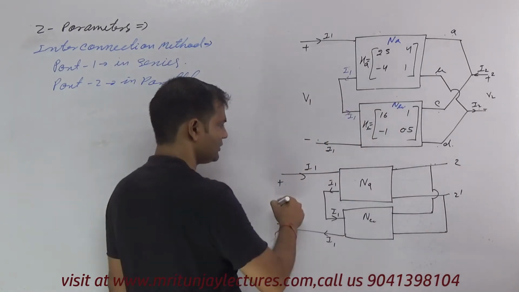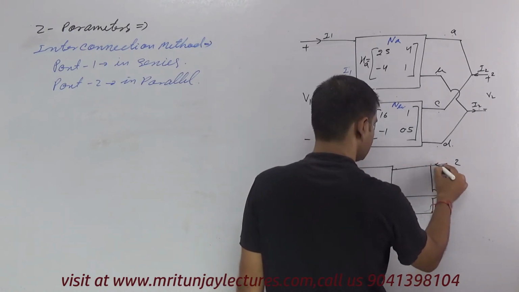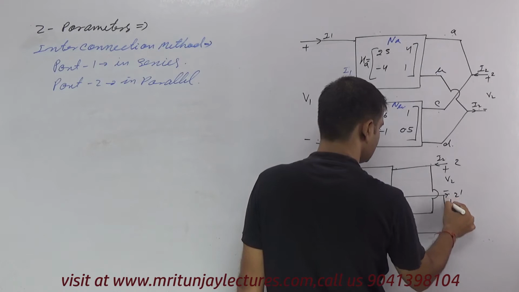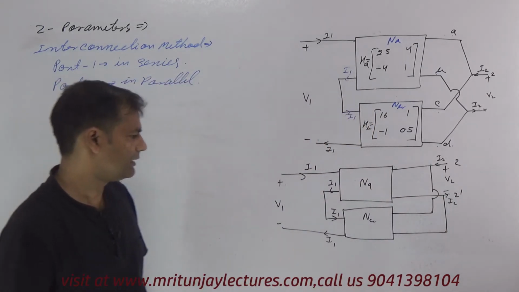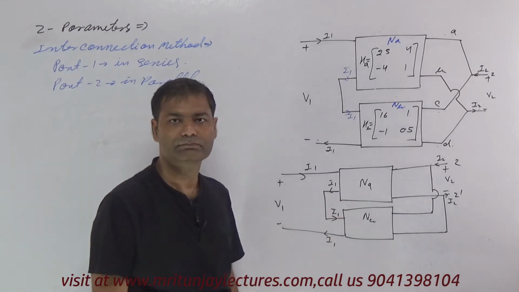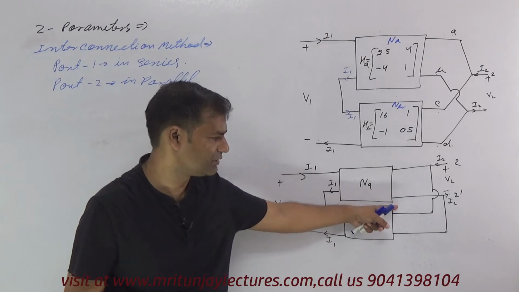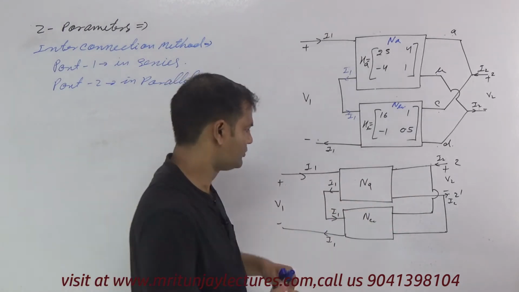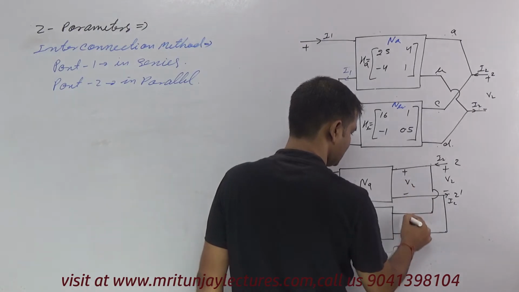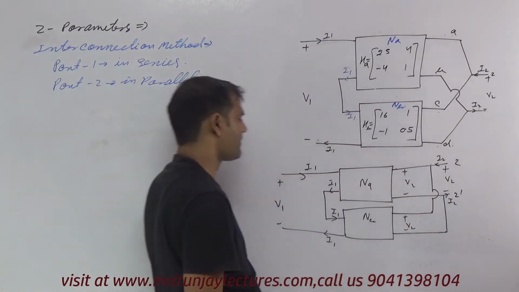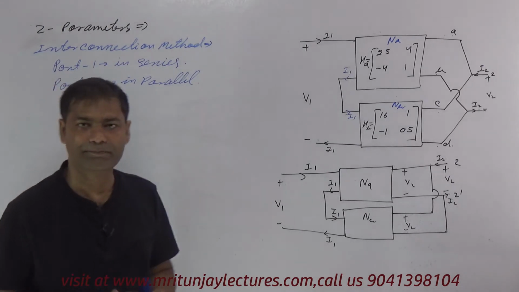So that is V2, and here I2, here I2. Clear? So NA and NB both have port 1 in series and port 2 in parallel. Both voltages are V2. Clear? Why port 1 in series and port 2 in parallel?